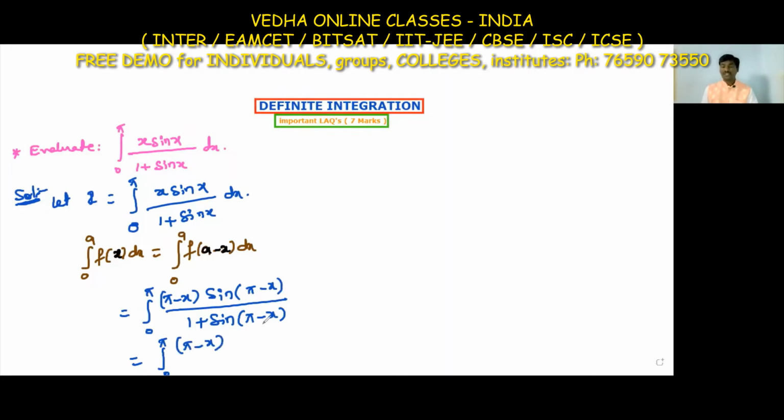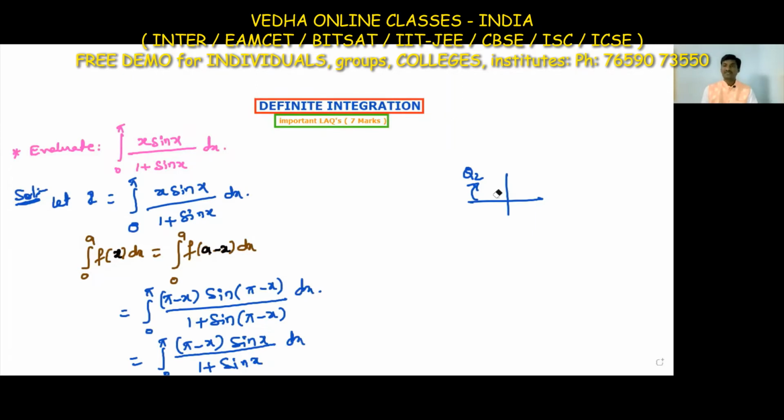Sine of 180 minus theta is sine theta. Which quadrant? Second quadrant. In second quadrant sine is positive, all silver teacups. So we get plus sin x only divided by 1 plus sin of 180 minus x, that is sin x only. Whole dx as it is we write.